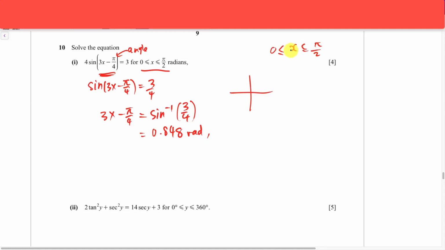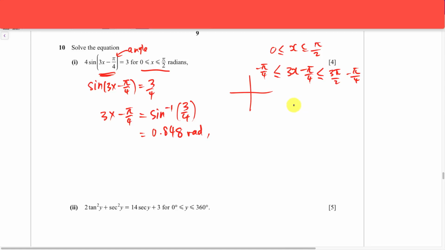I will multiply by 3 and subtract pi over 4 for every single one here. So 0 multiplied by 3 is the same, so this one will be negative pi over 4. And then this one multiplied by 3, I should get 3 pi over 2, and then minus pi over 4.